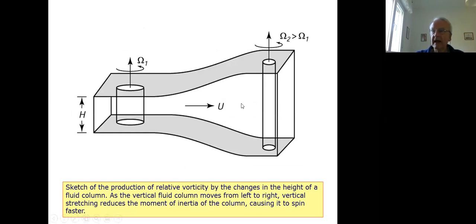Anyhow, and here is how do we produce the relative vorticity? The relative vorticity, that means the vorticity of the particle. There should be a force, as I told you, which makes the water column move from the shallower water, for example, to deeper water, or vice versa, from deeper water to shallower water.